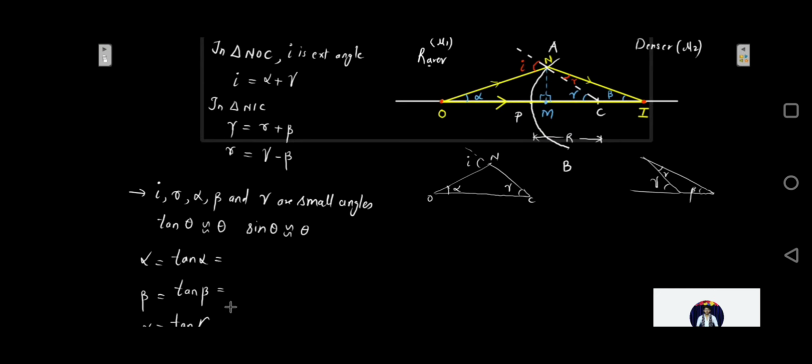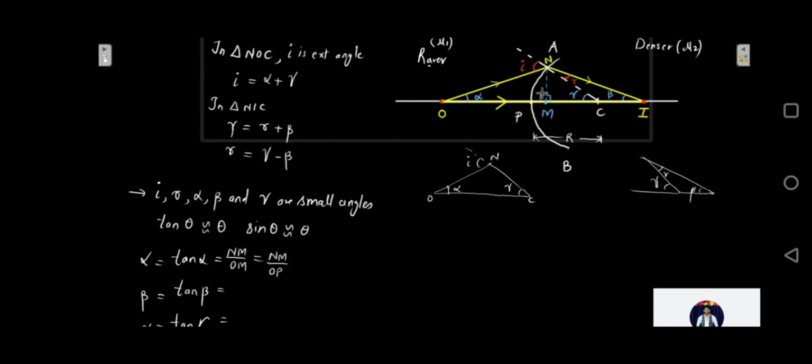So if you see, tan of alpha is going to be opposite, that is NM, upon the adjacent side, that is OM, but OM can be approximated to OP because M and P is considered very much close to each other. So instead of OM, I can very well write OP. So this can be written as NM upon OP.